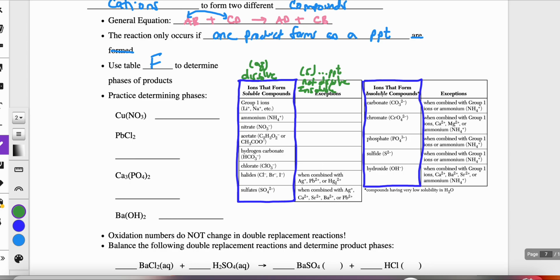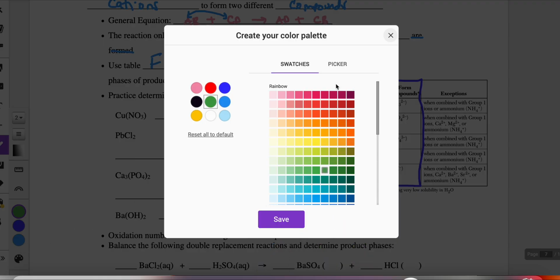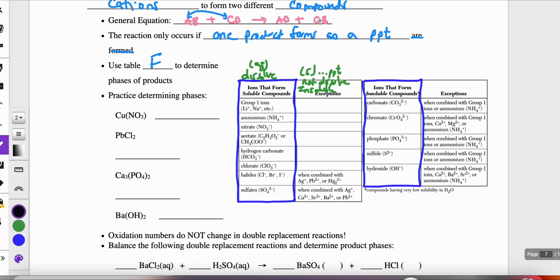Now, when we look at the second table, the header description is a little bit different than the first one. Here it says that they're insoluble. Insoluble means that they don't dissolve, so I'm going to write not dissolve.